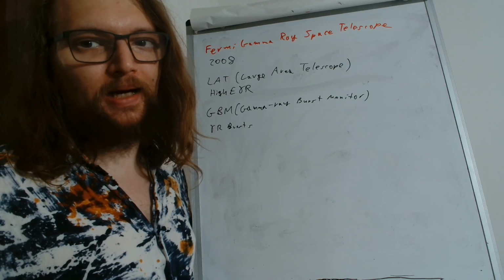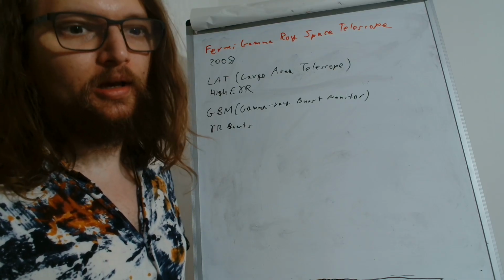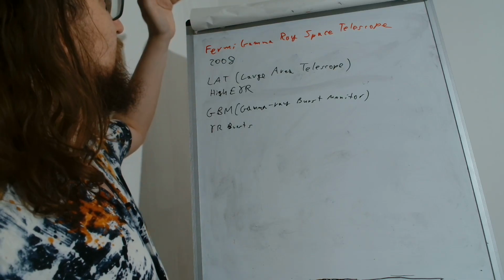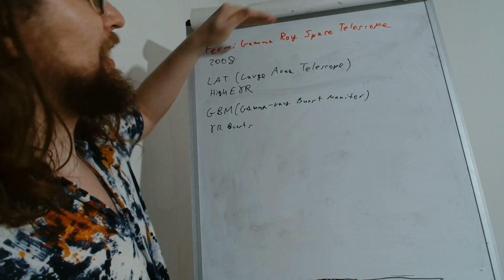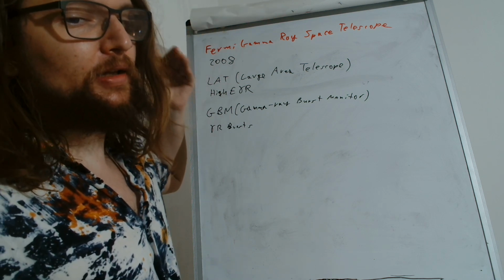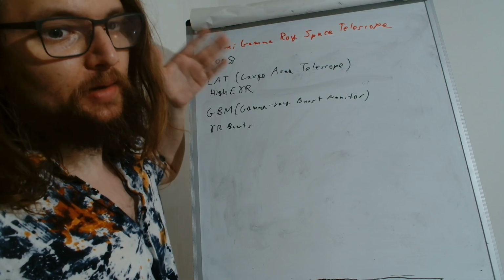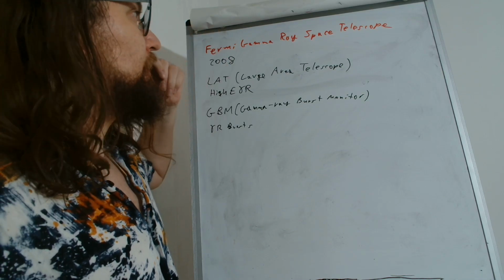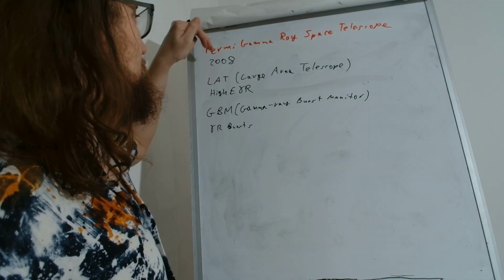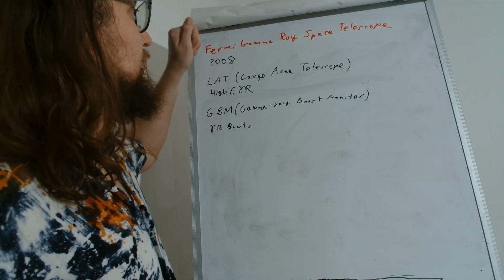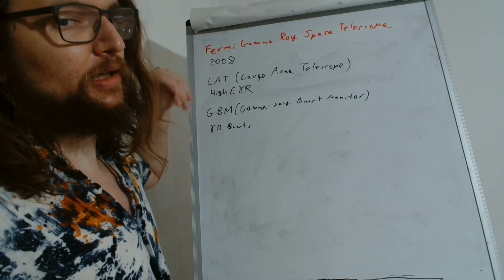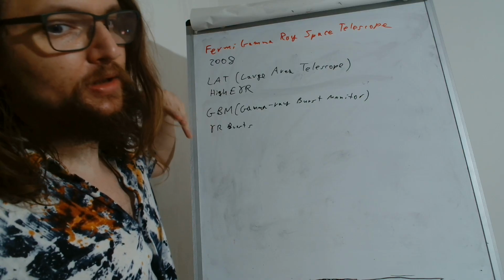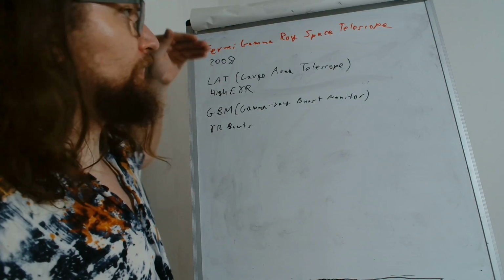Before talking about BATSE and gamma ray burst experiments, I want to introduce the Fermi Gamma Ray Space Telescope, which is another satellite experiment like the Compton Gamma Ray Observatory. This one was launched in 2008 and it is still operating, so it is like a more recent version of the Compton Gamma Ray Observatory.